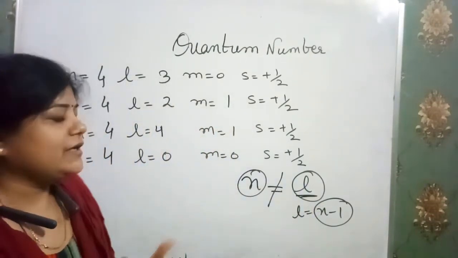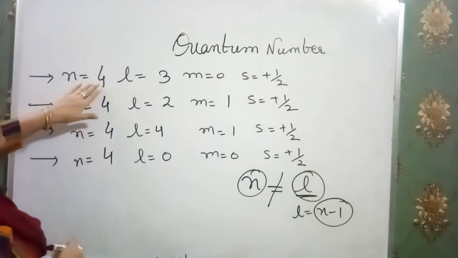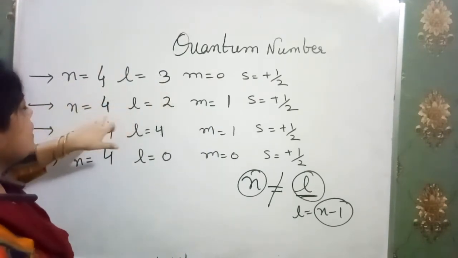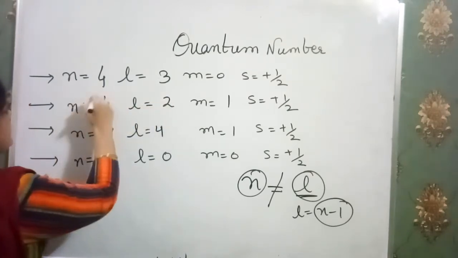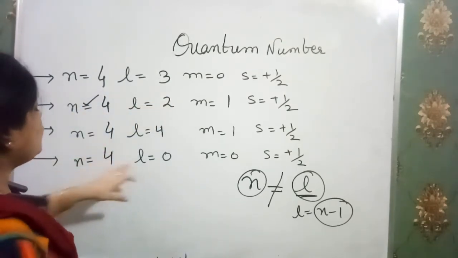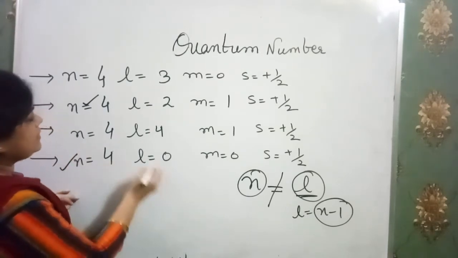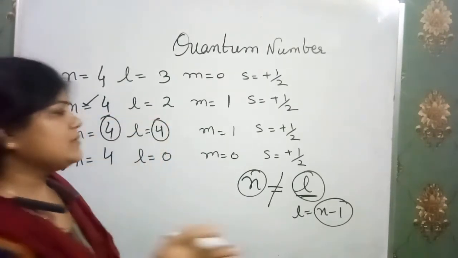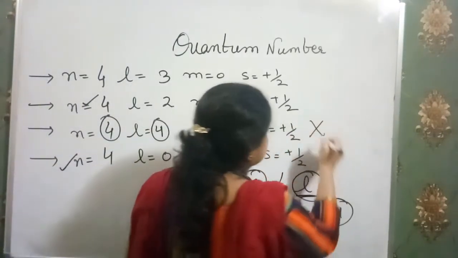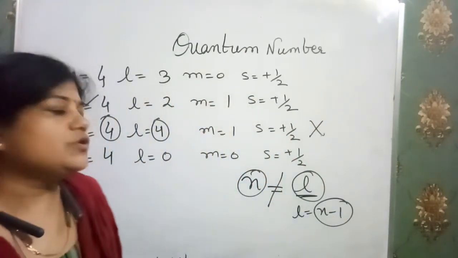First thing we check that. Now we see here it is 4, it is 3, it is 4, this is 2. So this is less than 4, so this is correct. Now it is 4, it is 0. It is also correct. But this is 4 and this is 4, which is not possible. So this set of quantum numbers is not possible.